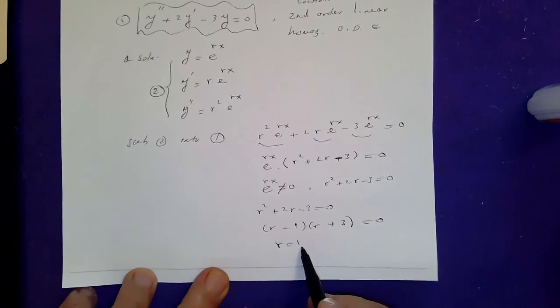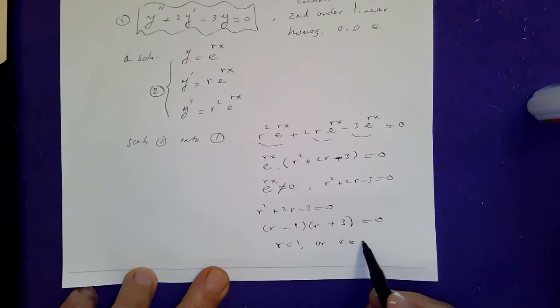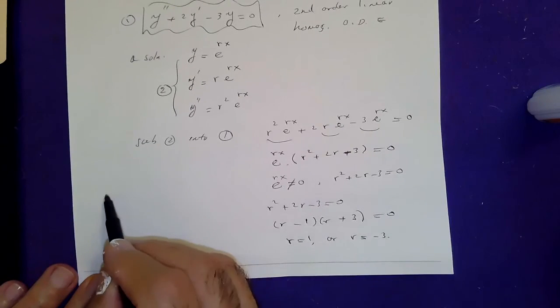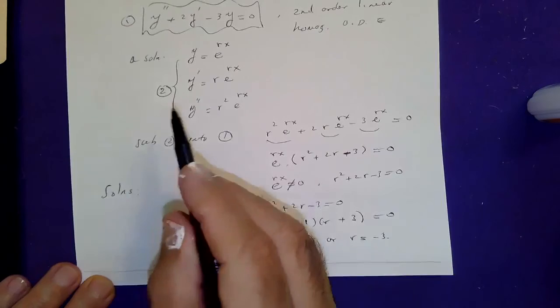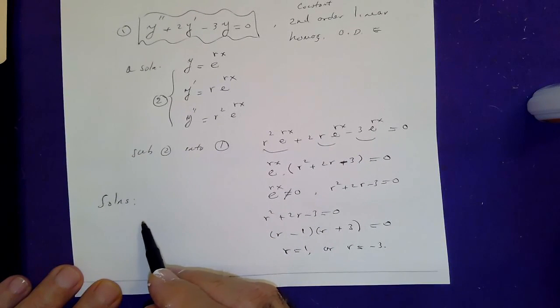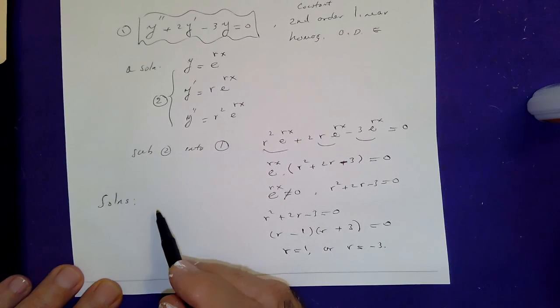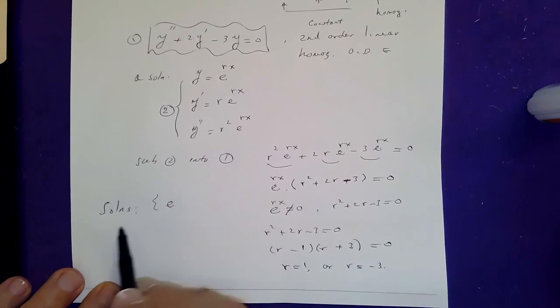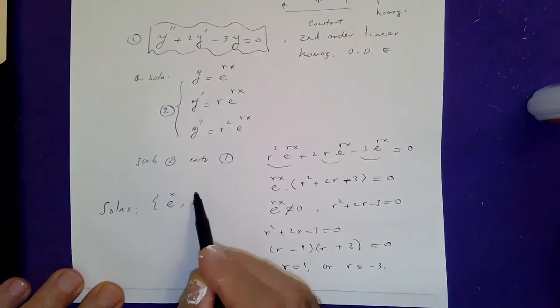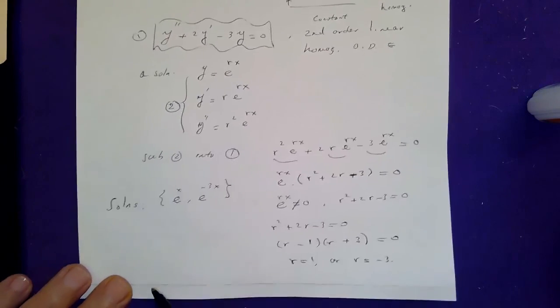So either r is equal to 1 or r is equal to negative 3, meaning the solutions to this particular equation, these are called fundamental solutions, happen to be e to the x or e to the negative 3x.